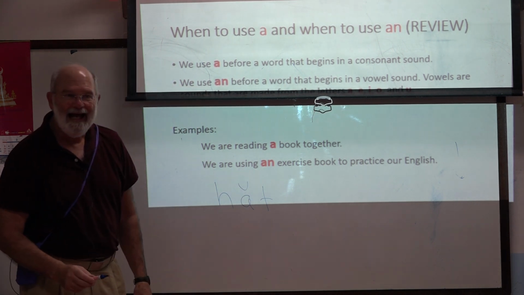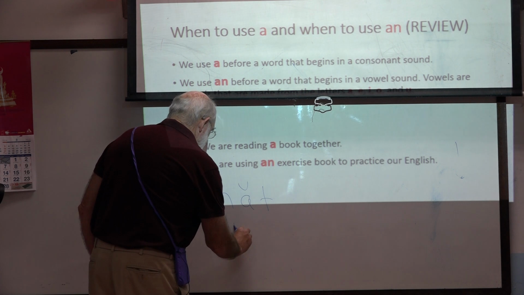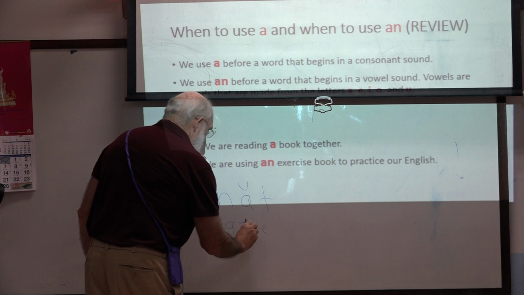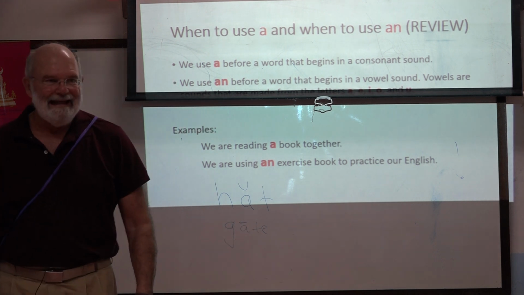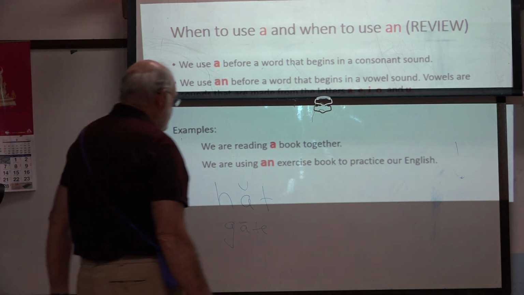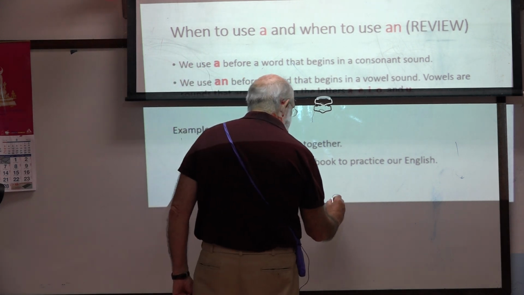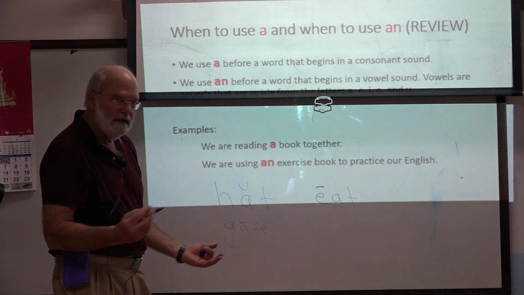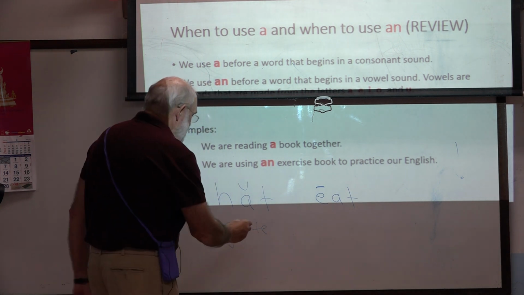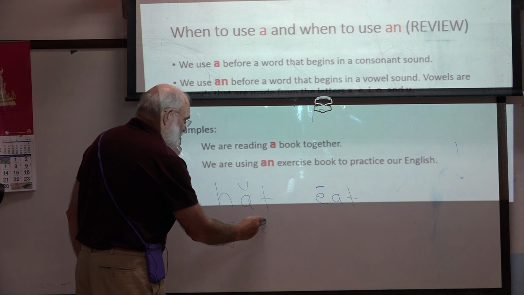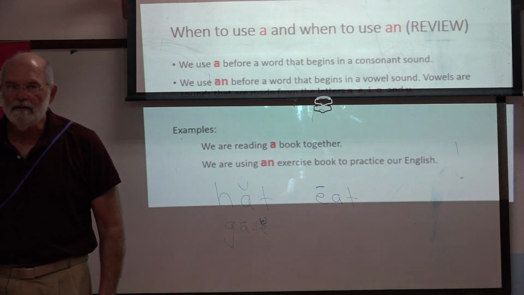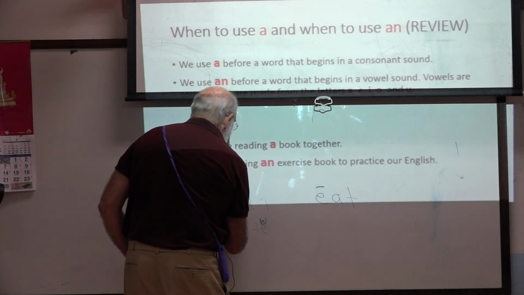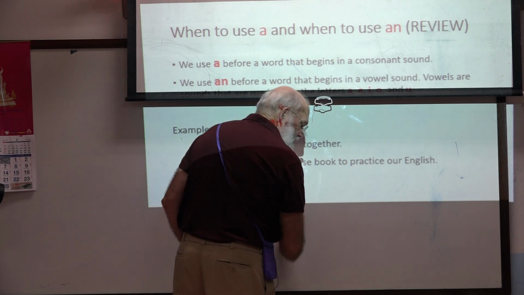But if I say a gate, that's a long A, gate. And it's the same way with E. Eat, or short E. So all of these vowels can have short or long sounds.